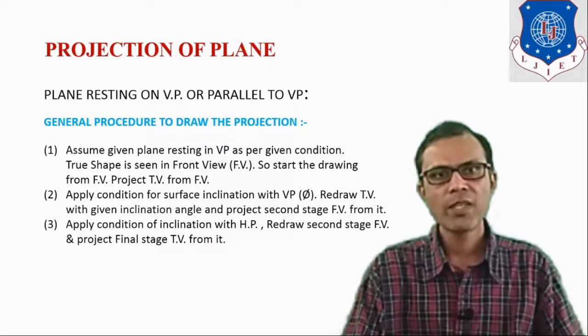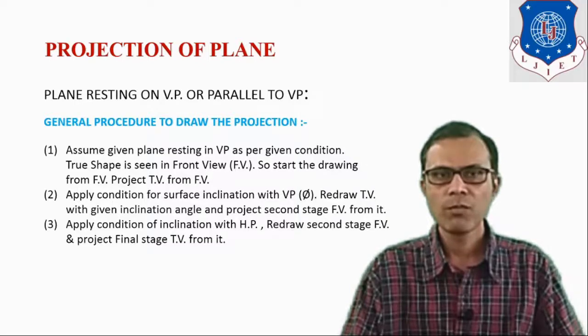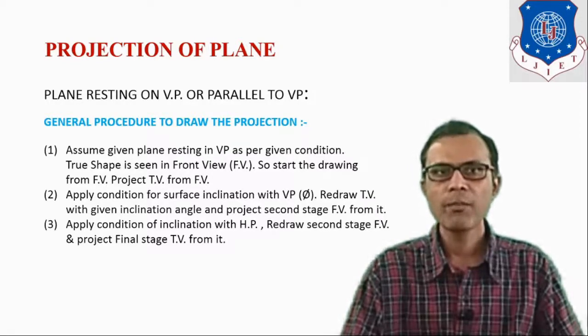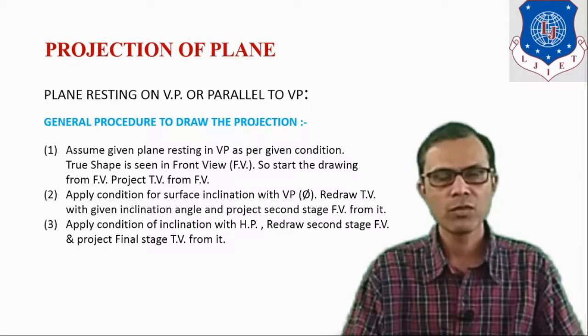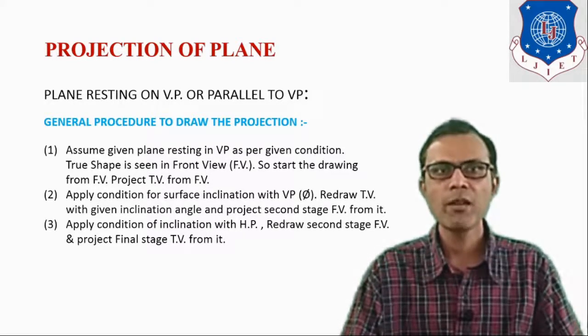Now from second stage top view, we have to project second stage front view by taking projections from each and every point of top view and previously drawn front view. We will mark each and every intersecting point with respective notations. That would be our second stage front view.